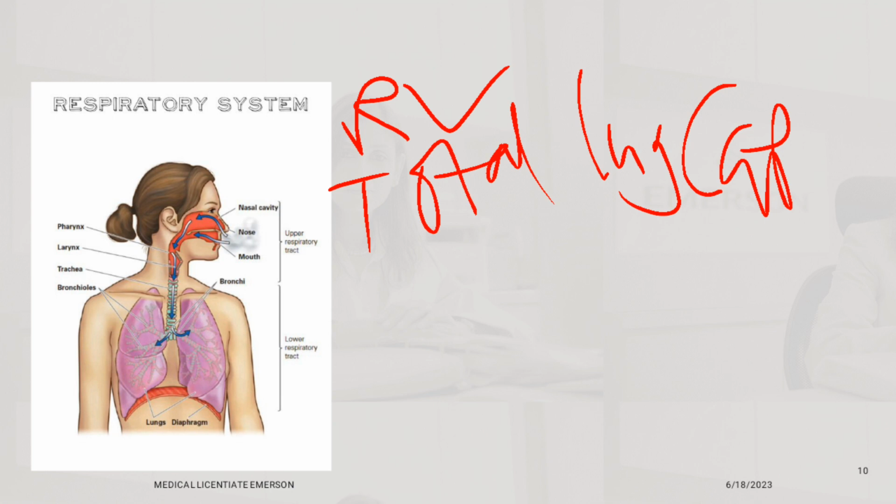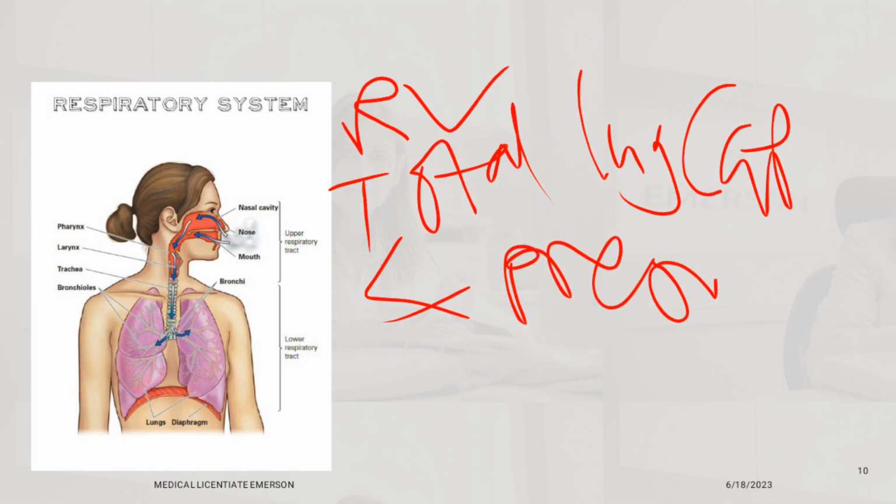Those four are the ones which make up the total lung capacity. But in pregnancy, the tidal volume goes up while the other three decrease.